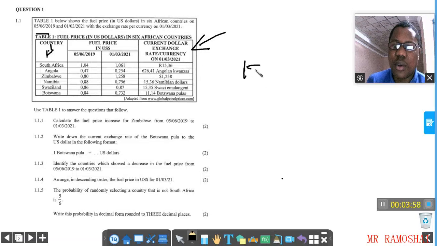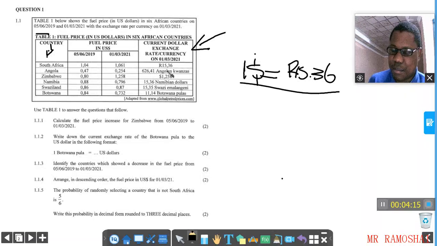It means that $1, I'm only going to give you an example with South Africa, is equal to R15,36. That's what this means, right? So now we have a clear understanding of the table. So now we can go and attempt the questions, because now we understand the information that is given on the table, right?